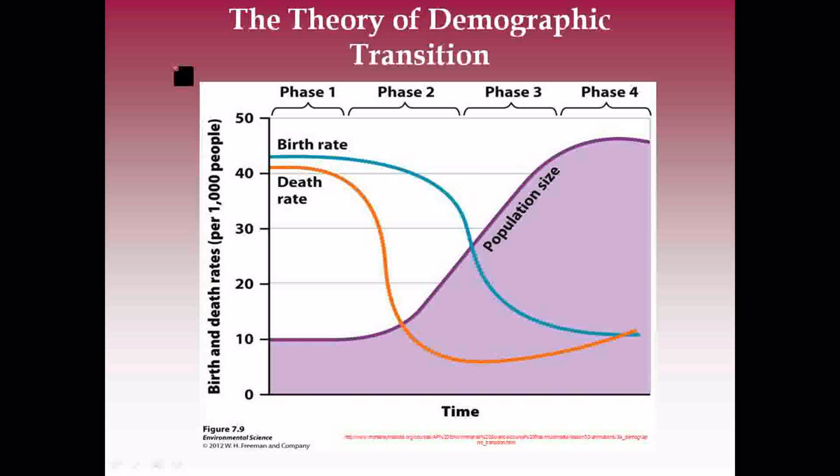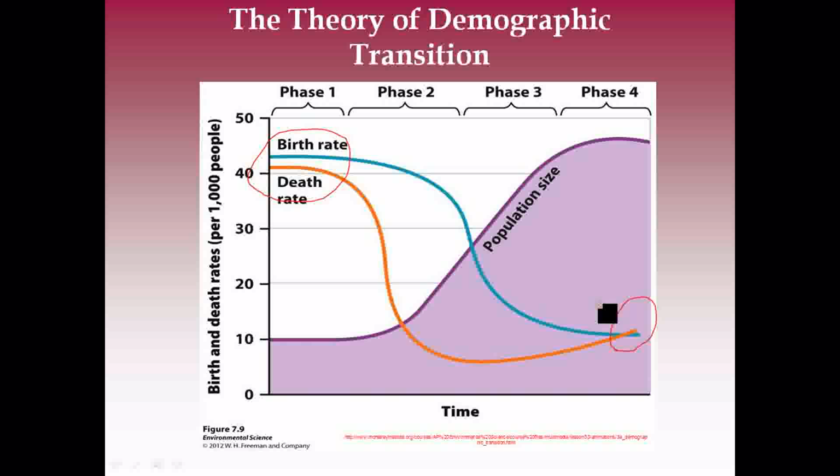And again, it's a theory because not every country fits into this mold, but in general we can see that countries will go through 4 phases of population change as they transition from a mostly agricultural society with high birth rates and high death rates, which we see here in phase 1, all the way to the end of the line in phase 4, which is here. So the developed world, especially countries in Europe, they're sort of in phase 4 here, or approaching phase 4.